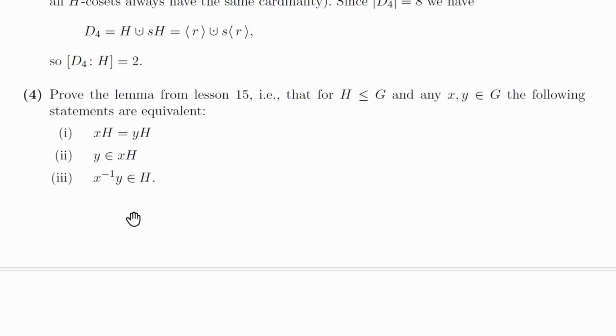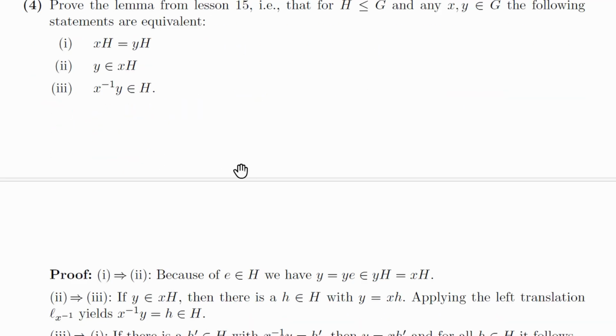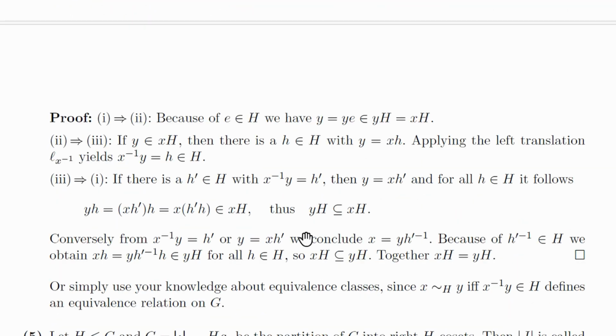And if you know that, it's easy to see that this here is nothing but the equivalence class of this equivalence relation, and then we already know that this here is the same. If two elements are equivalent, they have the same equivalence class, and this is equivalent to the fact that one element lies in the equivalence class of the other. So simply by citing what we proved back then gives the whole proof.